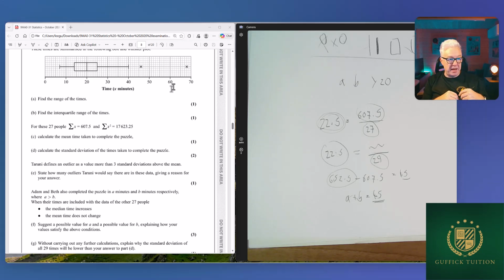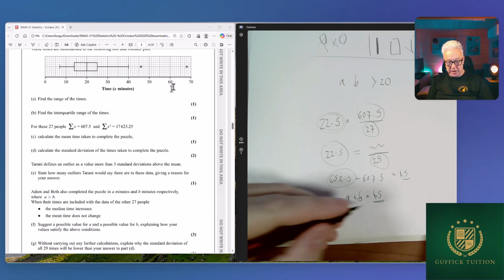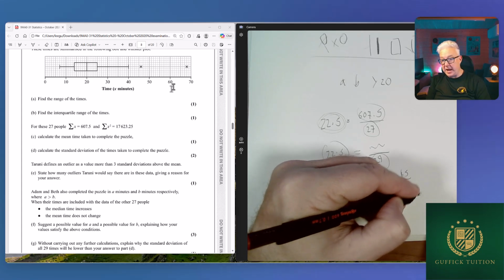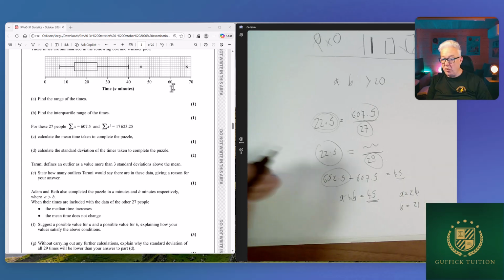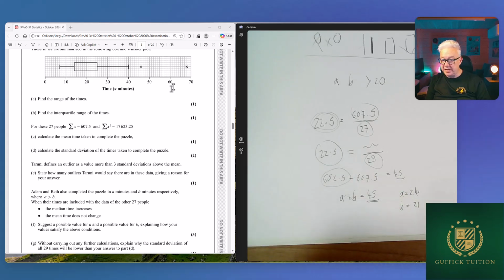And we know that A has got to be greater than B. So we could just say, for example, A could be 24 and B could be equal to 21. Or anything like that. Any two numbers that add together to give us 45 would be acceptable for that one. Okay, so quite a little bit of thought there.